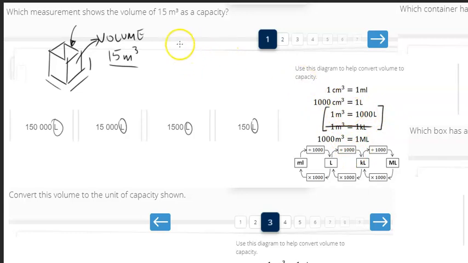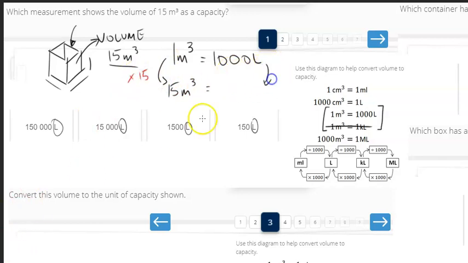And this is saying if 1 cubic meter is equal to 1,000 liters, then how much will 15 of these cubic meters be? Well, to get from here to here, we're just multiplying it by 15. So I guess what we need to do is just do the same on the other side. We just have to multiply 1,000 by 15, and this will give us 15,000.